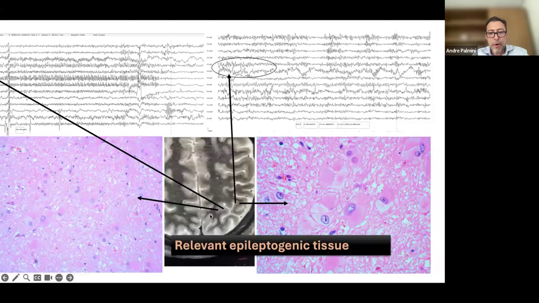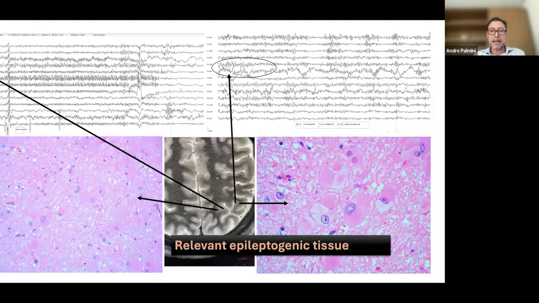But after removing this, you go into the vicinity, and in the vicinity, you don't have really the same kind of increased thickness, but you have also areas with frequent spiking, and then you go into that area in the pathology, and you still have balloon cells and dysplastic neurons. That's what I call the localization of the relevant epileptogenic tissue.